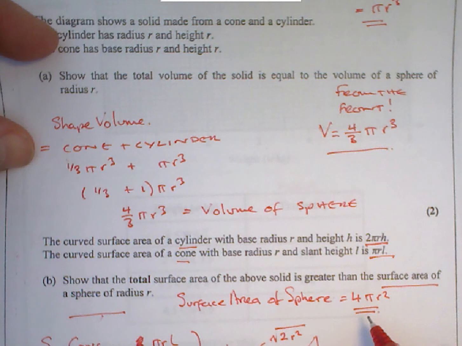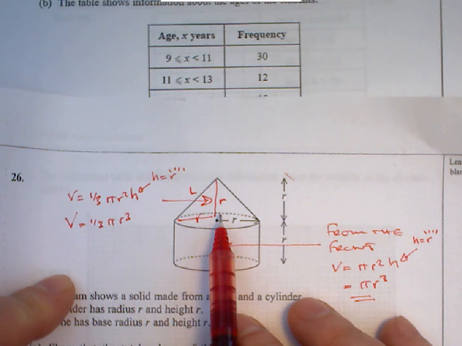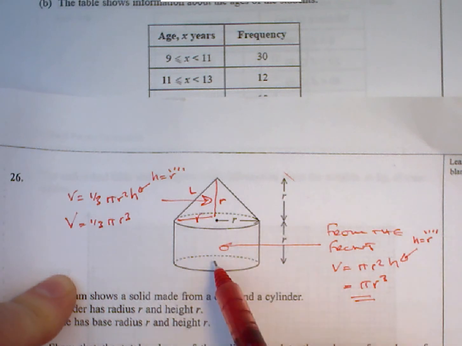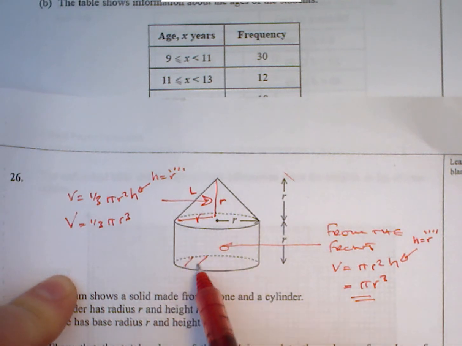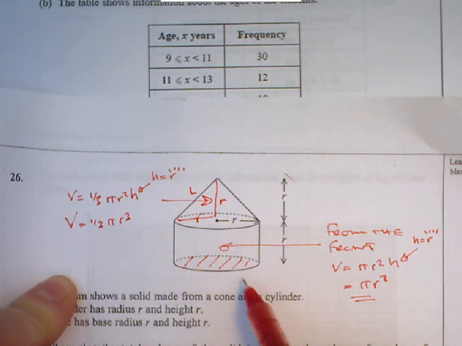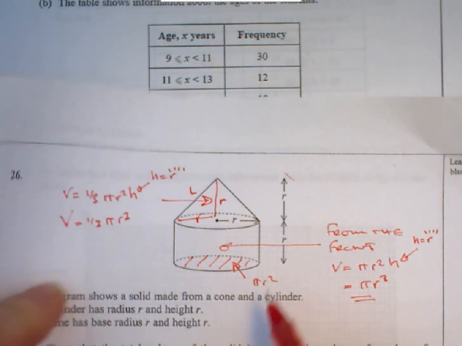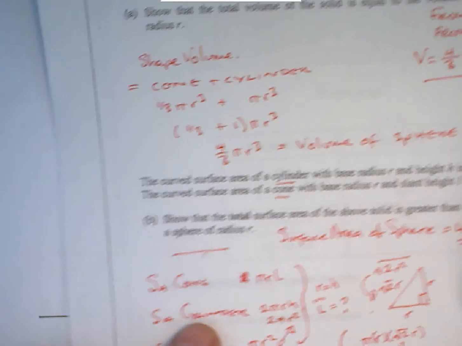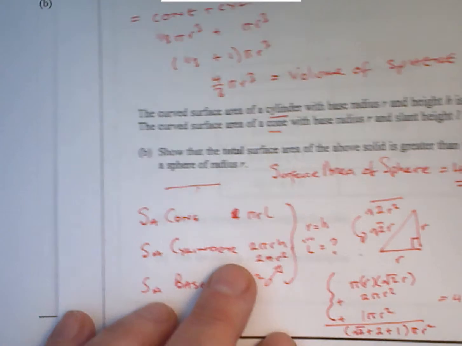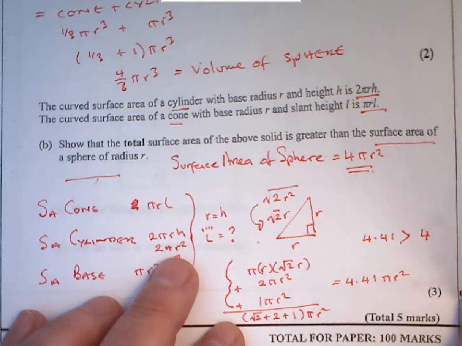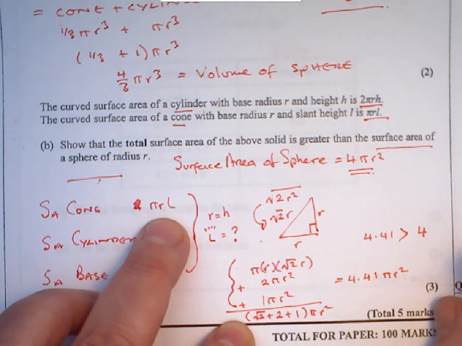So what I need to do is work out the total surface area of this shape. They've given us formulas for the difficult bits, but they haven't given you the one for the base, because they're hoping that you remember that the area of this is just pi r squared. So I get my cone, which is pi r l, given to us.